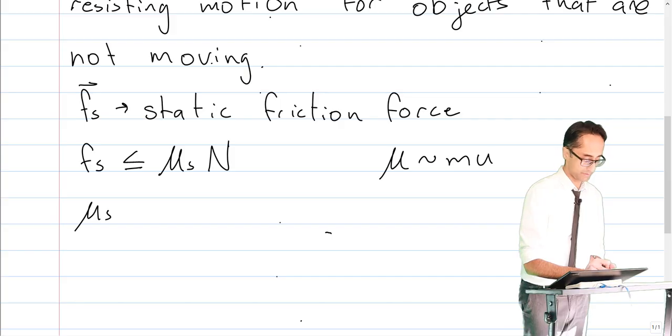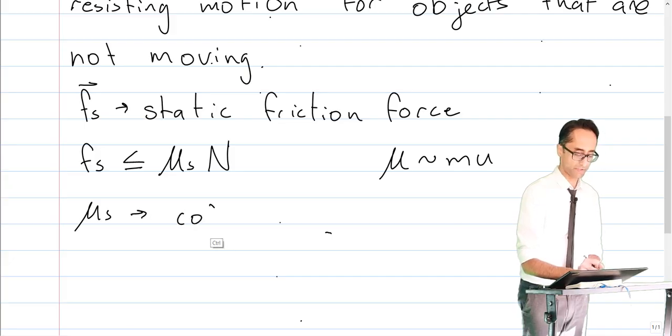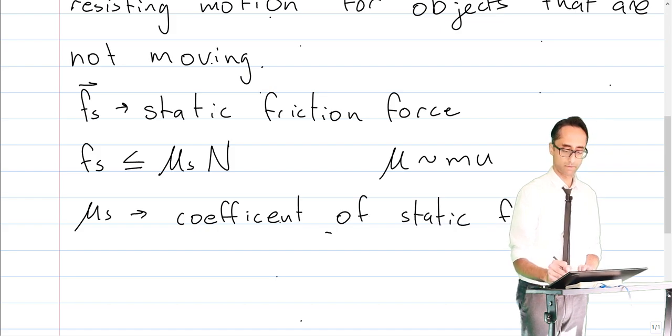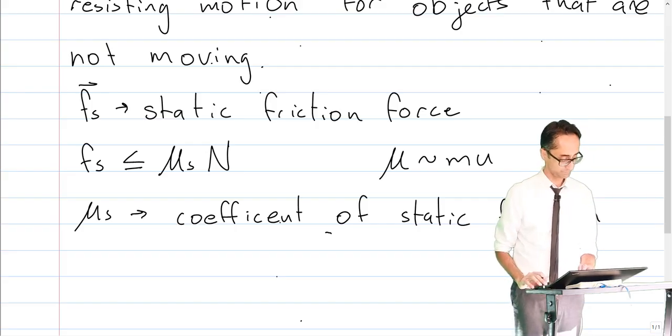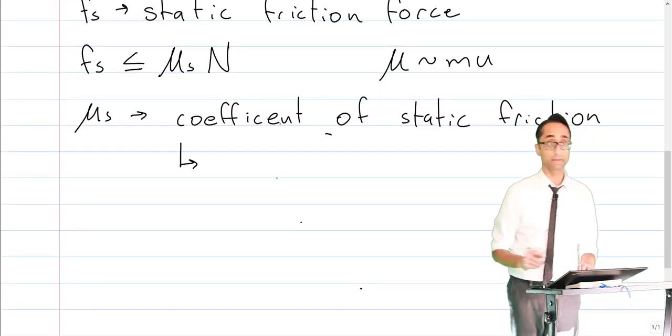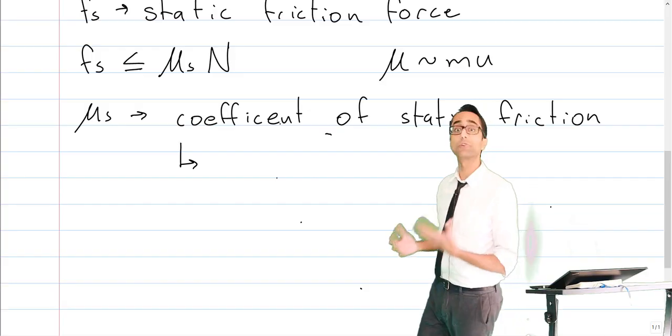So this is the coefficient of static friction. And what that's going to depend on is the materials that are interacting.